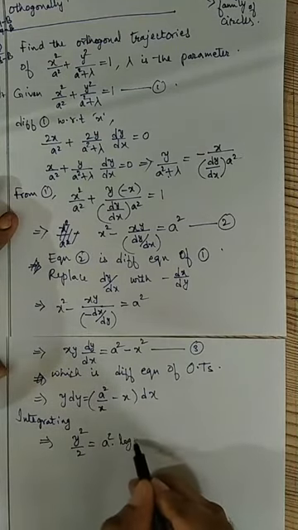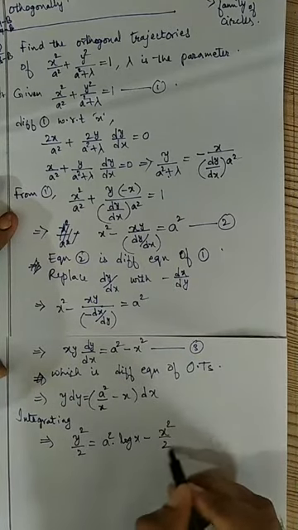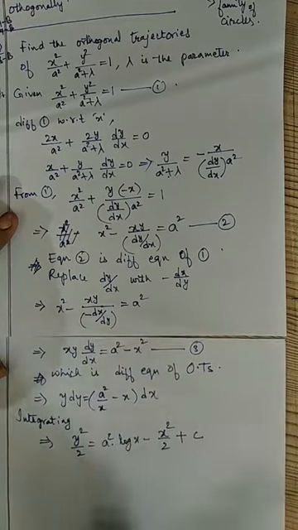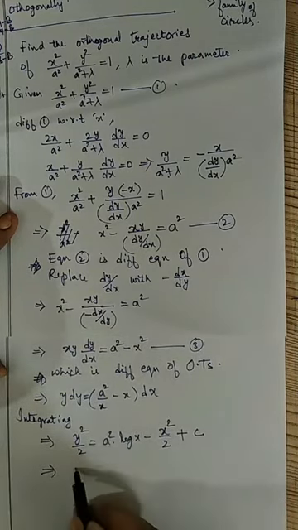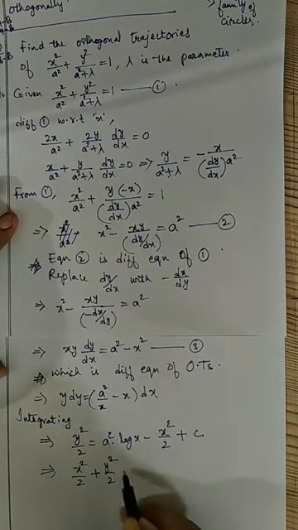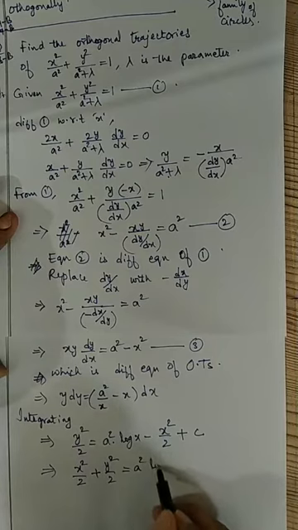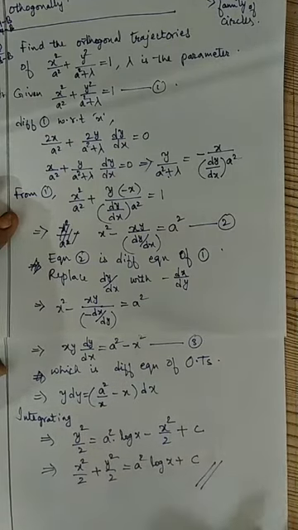Integration of 1 by x is log x, minus integration of x is x square by 2, plus c. Further simplification: this minus x square by 2 can be taken this side. So x square by 2 plus y square by 2 equals a square into log x plus c. This is the required orthogonal trajectories.